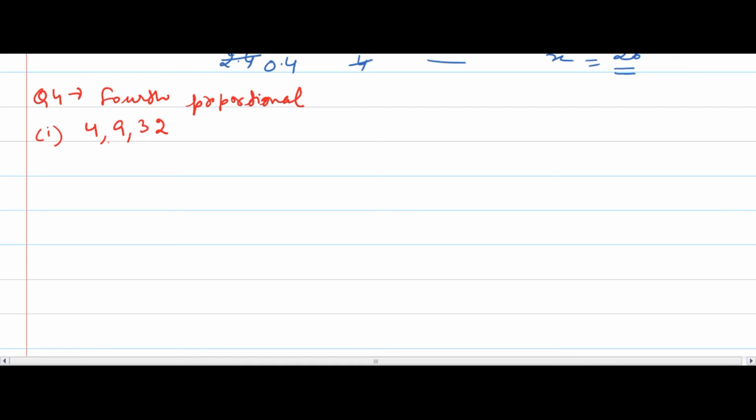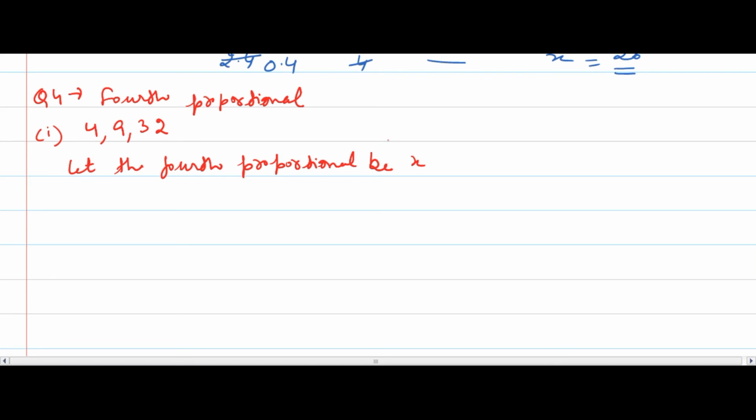To find out fourth proportional, we will consider or assume the fourth proportional be x, right?